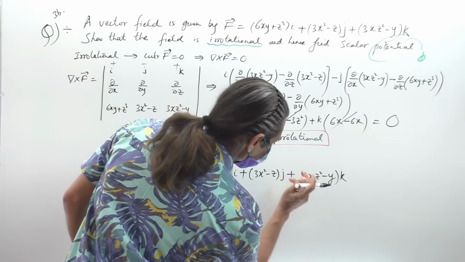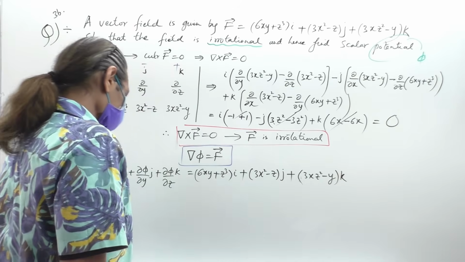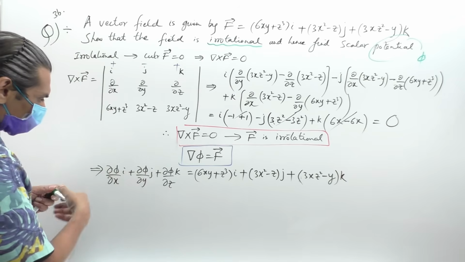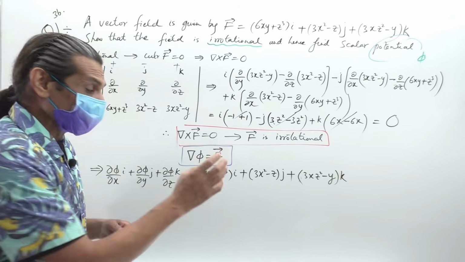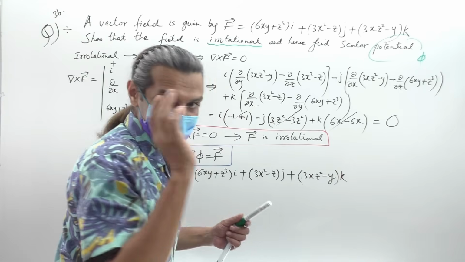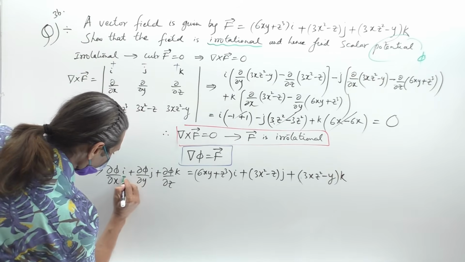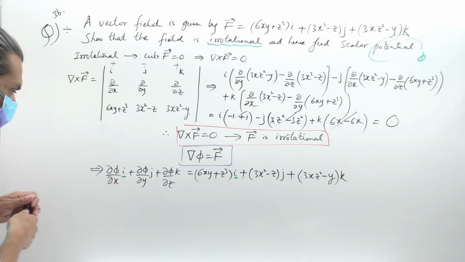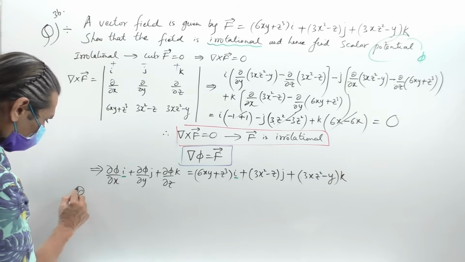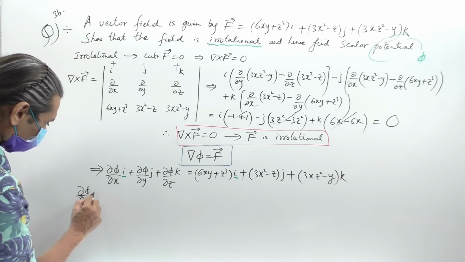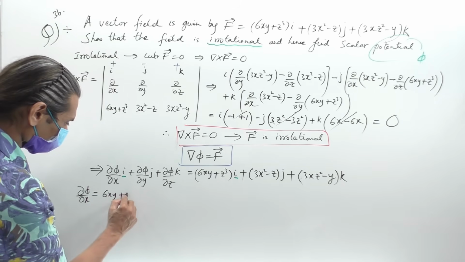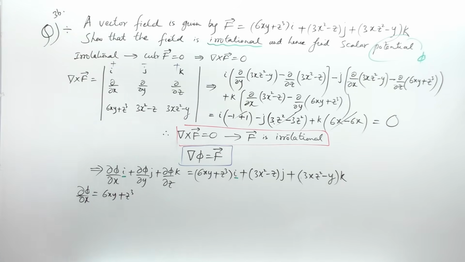Okay, so this is what we have. Let's compare. We compare the i, j, and k components. If you compare the i parts, what do you get? ∂phi/∂x is equal to 6xy plus z³.